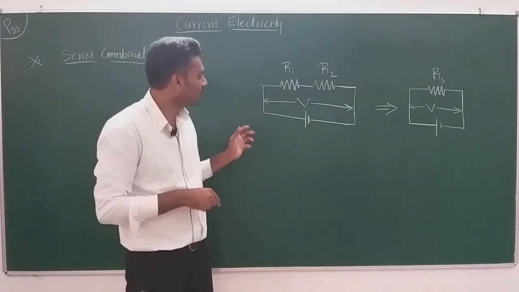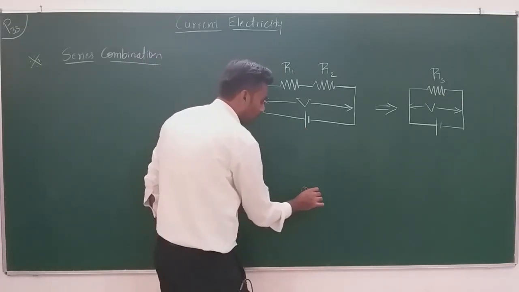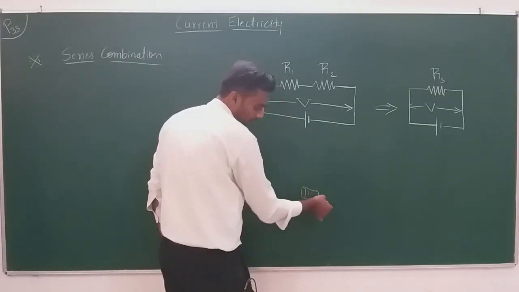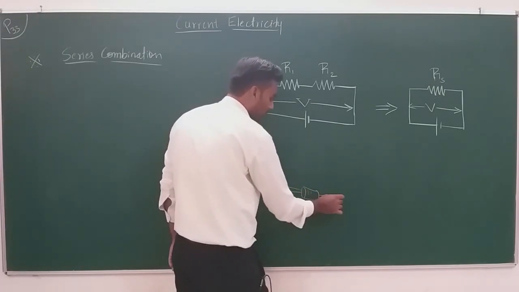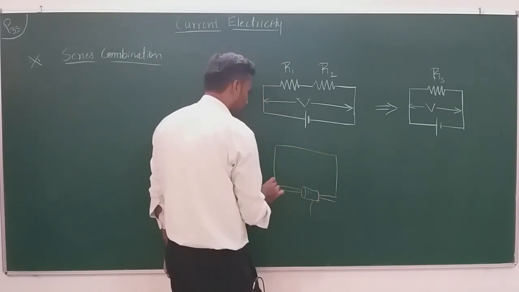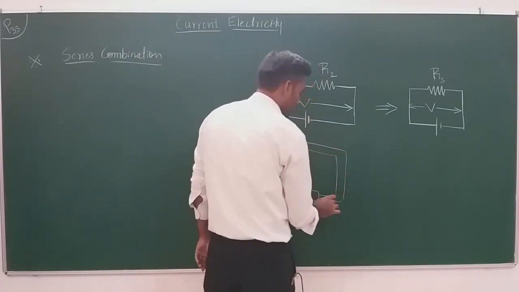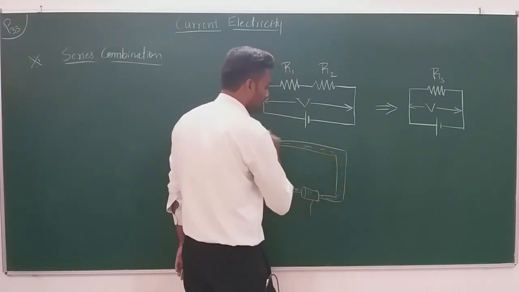You can imagine this as somewhat like a pump. Assume this is a water pump, and these are the two ends of the water pump. Okay, and you connected this water pump to a system, a pipe like this.